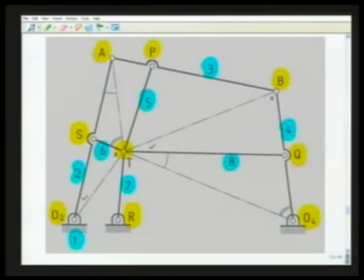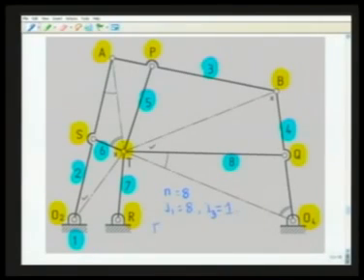So if we calculate the degree of freedom, we see N is 8, J1 is 8, J2 is 0, but there is a J3 at T where 4 links are connected, so J3 is 1.